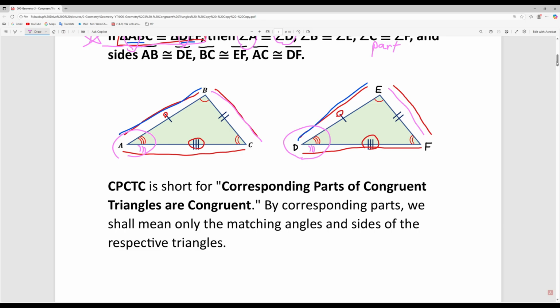I will say corresponding parts of congruent triangles are congruent. Do you know why mathematicians always try to create formulas? Because mathematicians are kind of lazy, or they don't want to waste time, so they want to have a shortcut.